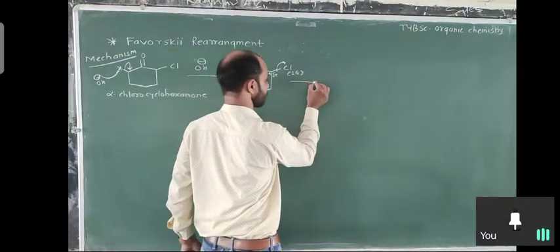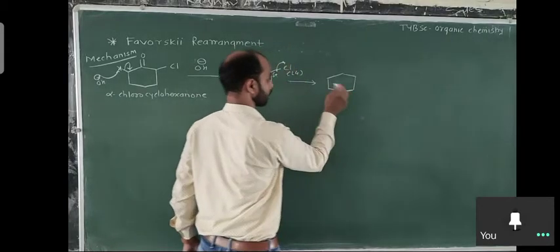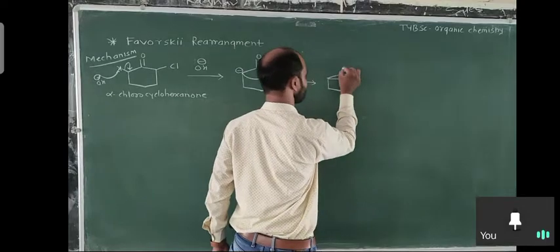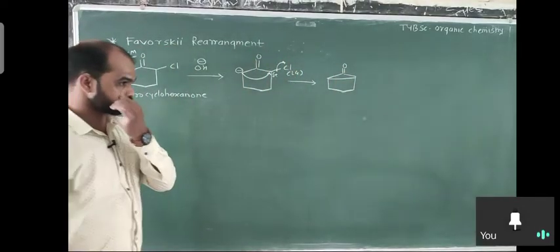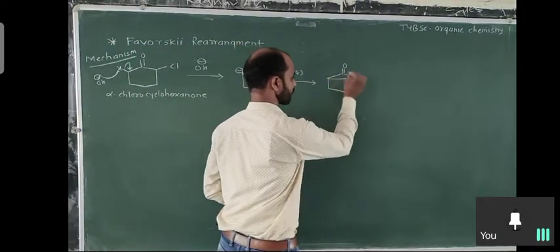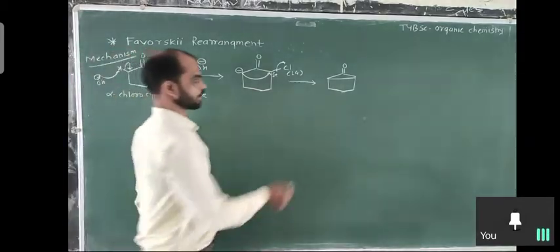When Cl is lost, a bond forms between these two carbons, giving a cyclopropanone. This cyclopropanone derivative is an intermediate in this reaction.